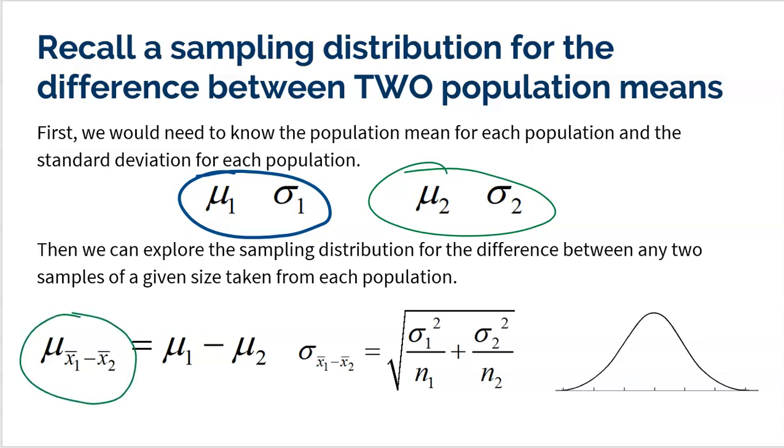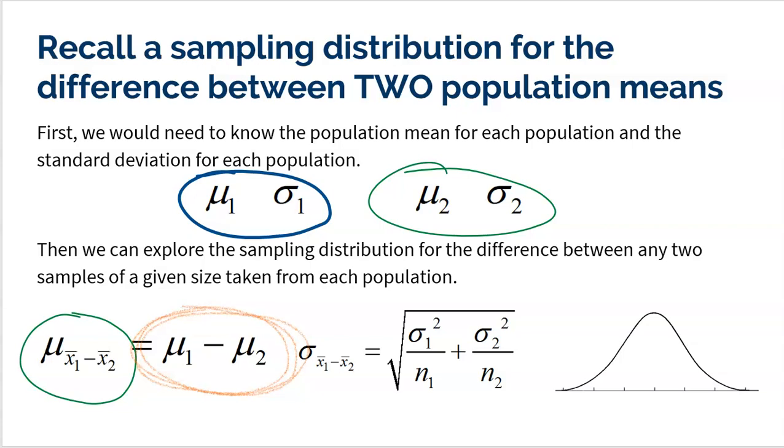We're saying, what is the mean of all possible differences between samples? If I take a sample from population 1, if I take a sample from population 2, and I look at the difference between them, who knows what I'm going to get? But if I do that repeatedly, what's the mean of all those differences going to be? And that is, of course, right there, the true difference.